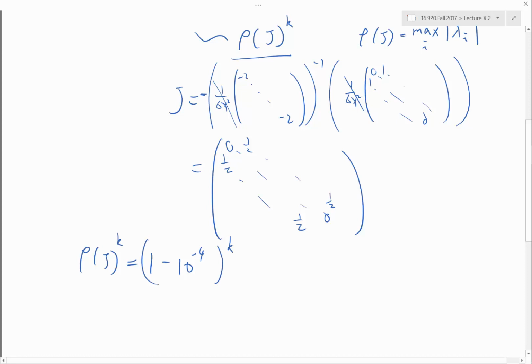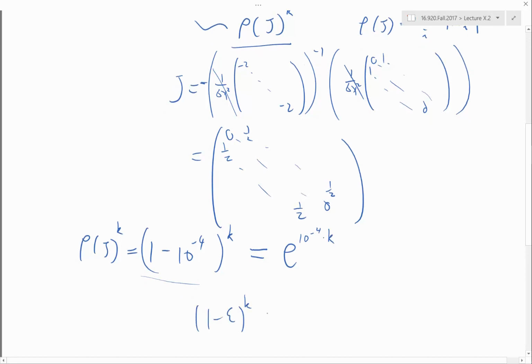Do you know the approximation that 1 minus epsilon to the kth power is approximately e to the minus epsilon k, right? That's basically Taylor expansion. And that's kind of why the number of iterations for us to converge is on the order of tens of thousands, right? Because the difference between the spectral radius and 1 is on the order of 10 to the minus 4.